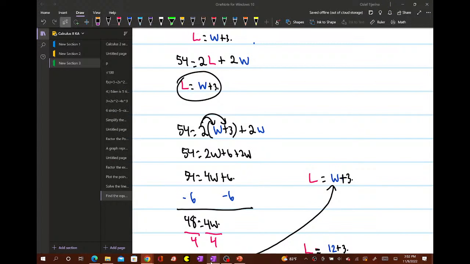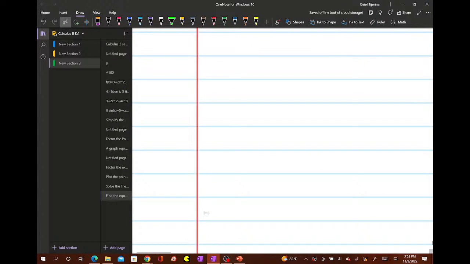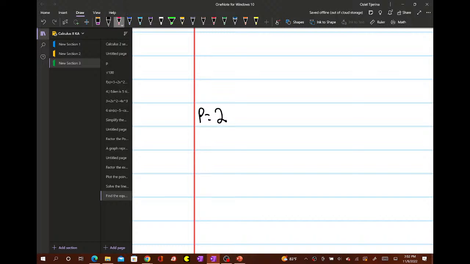So we all know that, again, the perimeter of a rectangle is 2 times the length plus 2 times the width, okay? Where, again, L is length and W is the width, right?